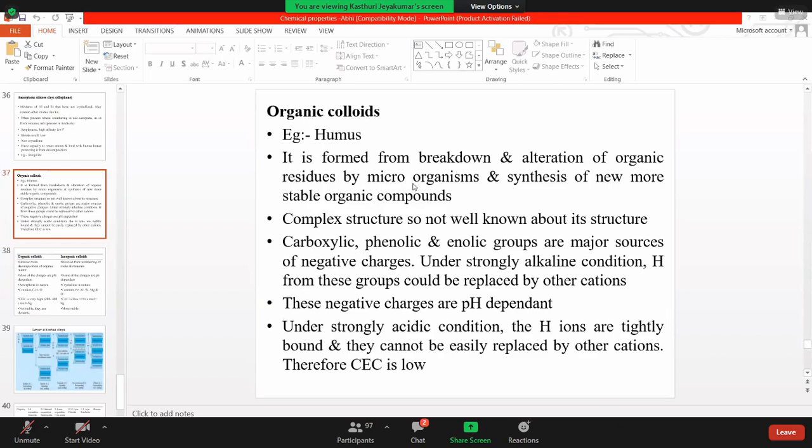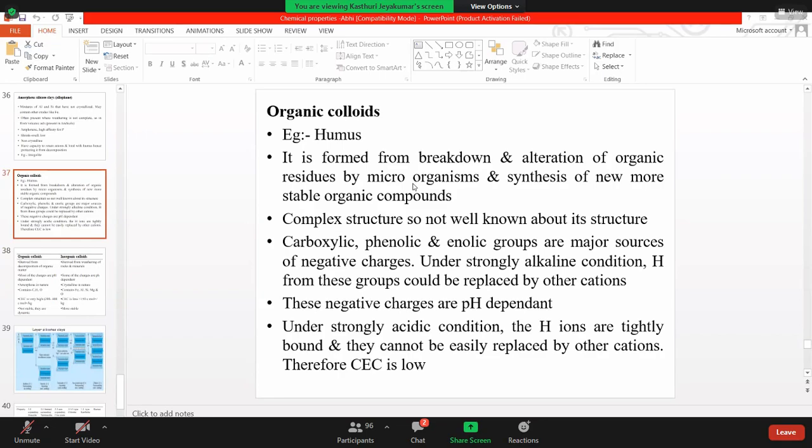Organic colloids. Example is humus. It is formed from breakdown and alteration of organic residues by microorganisms and synthesis of new, more stable organic compounds. Complex structures; not much is known about its structure, and the carboxylic, phenolic, and enolic groups are major sources of negative charges.